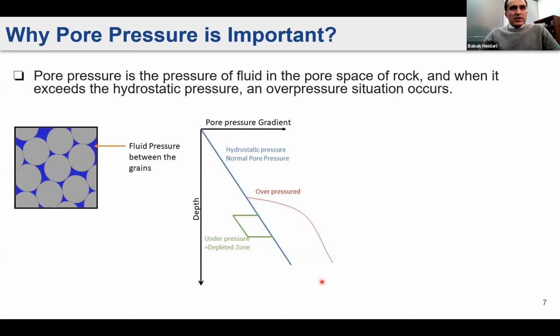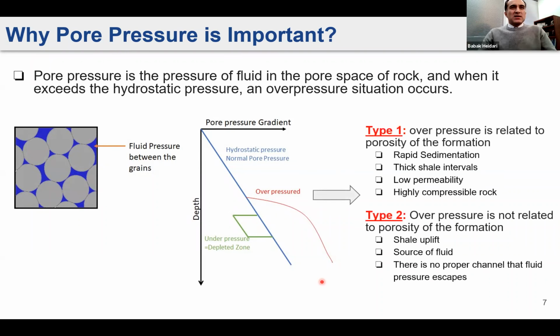If overpressure is happening, based on the research that was done, they came up with two scenarios, which they call type 1 and type 2. They classified them in two categories: whether the overpressure is related to porosity or not related to porosity. When there is a relation between porosity and pore pressure, they call it under-compaction as well.